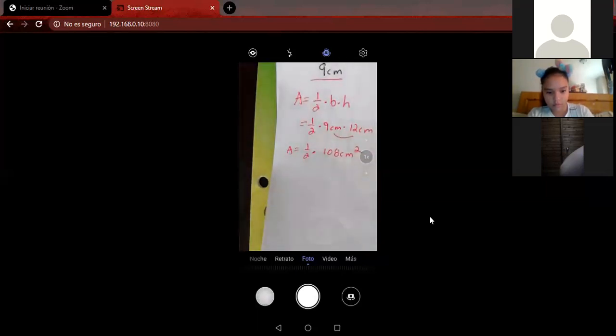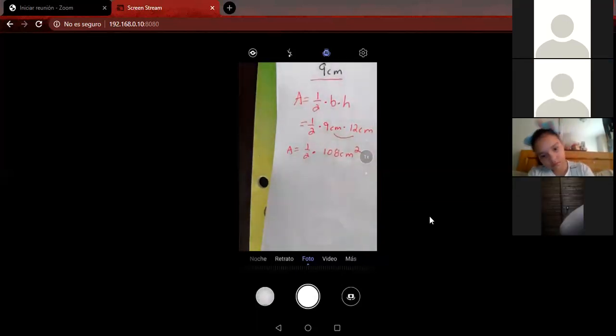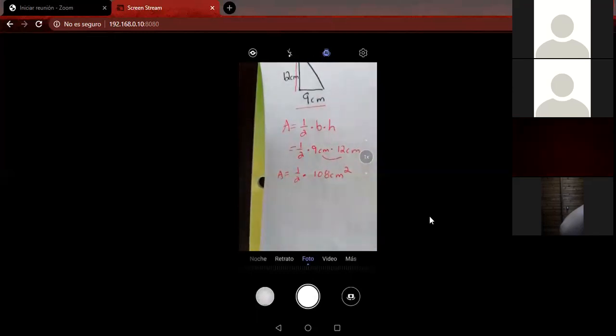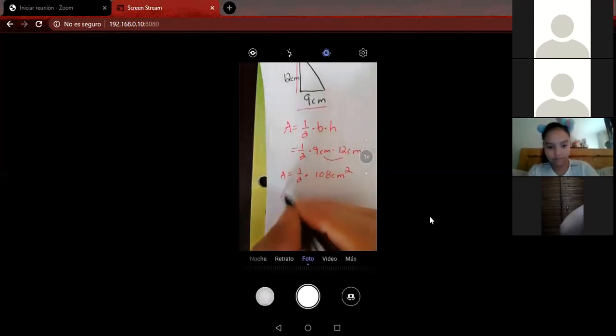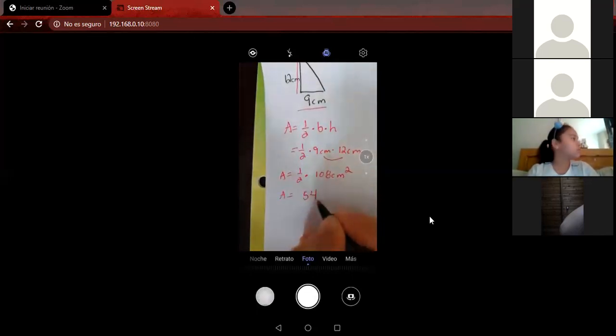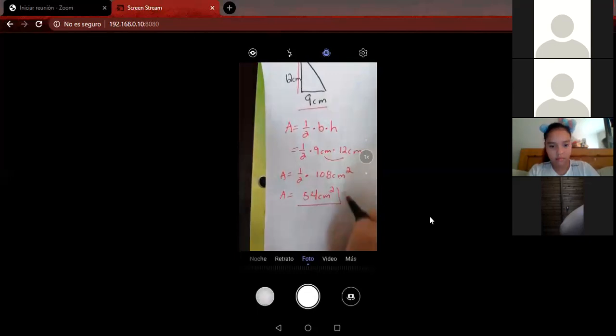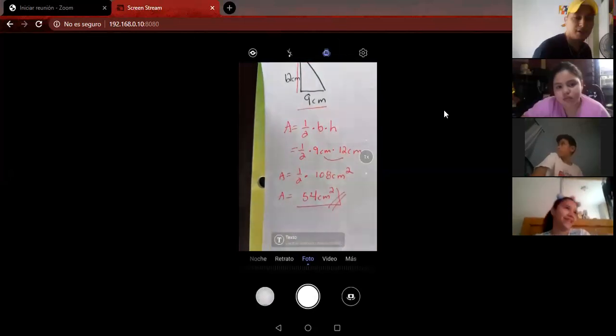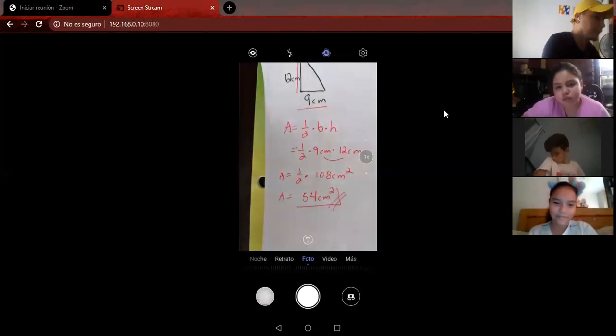The only thing I have to do is divide or multiply the fraction. Queda opción de usted. Para mí es más fácil dividirlo o sacarle la mitad a 108. Okay? The half of 108 is 54 centimeters square. Okay? So that is my answer over here in this triangle.